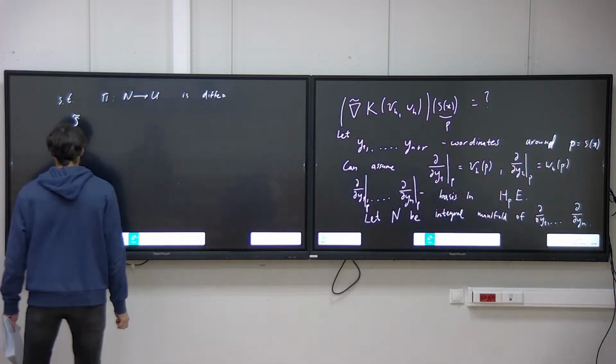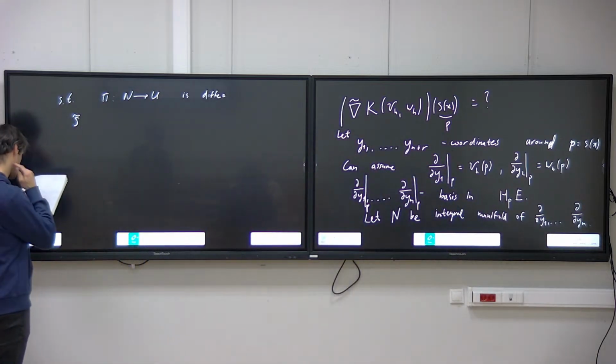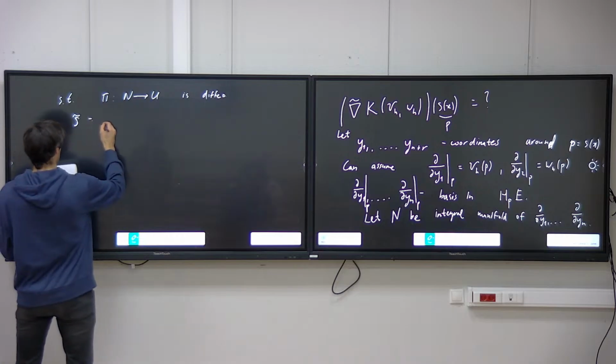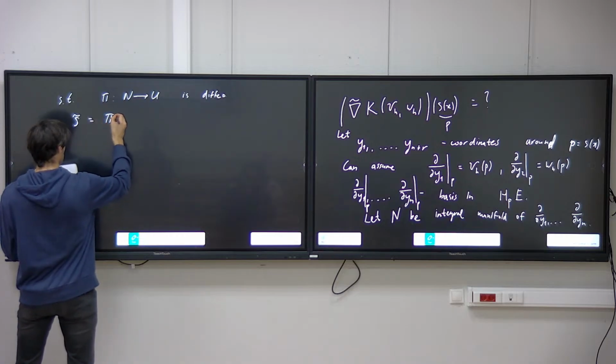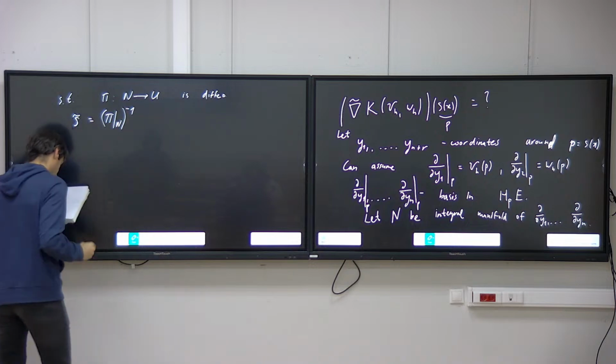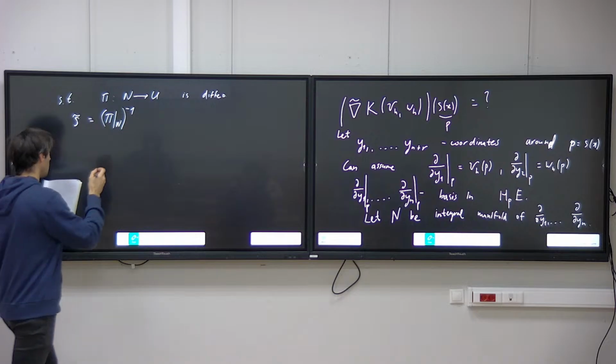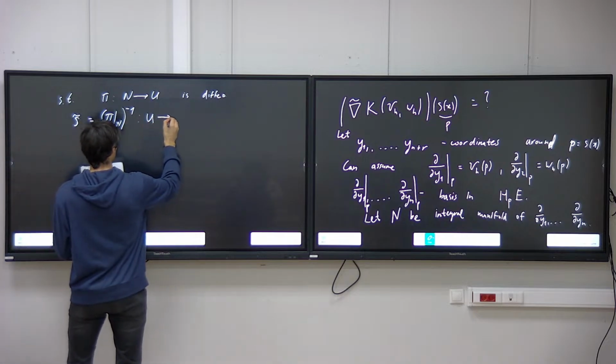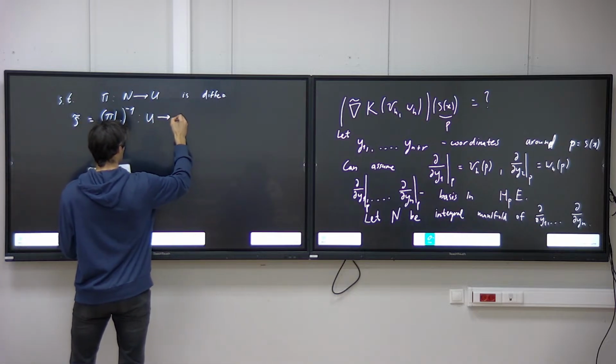This is just some technical thing. So I have S tilde. I just define it to be pi restricted to N, inverse. And this is from U to, well, to E.